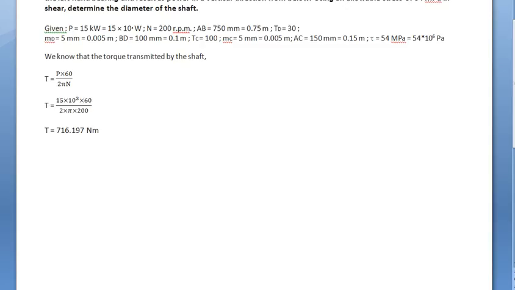We know that the torque transmitted by the shaft, T, equals P into 60 upon 2 pi N. So substituting the values, we get T equals 716.197 Newton meter.